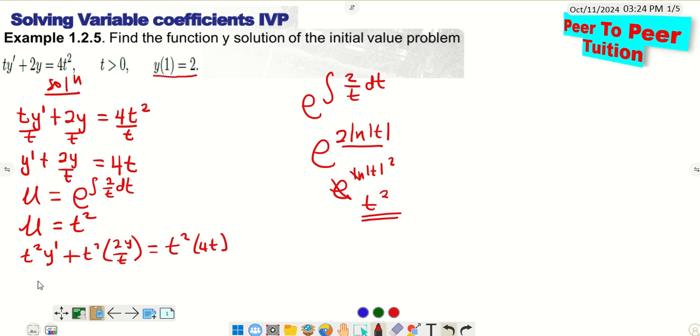So let us simplify. I have t squared y prime plus, if I cancel out, I'll get 2t multiplied by the dependent variable y should be equal to 4t cubed.